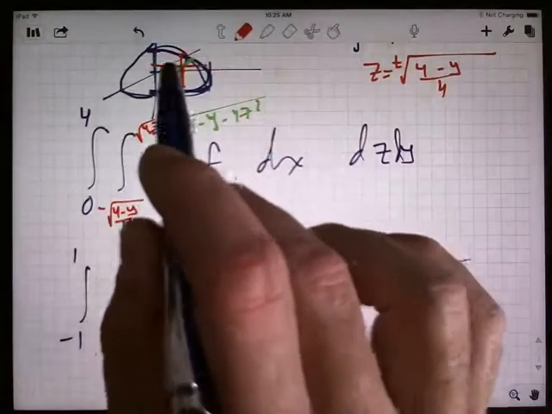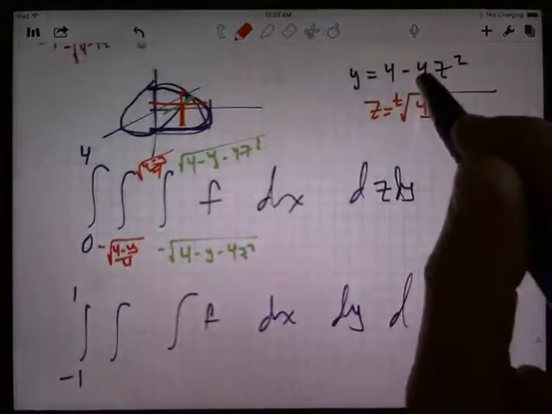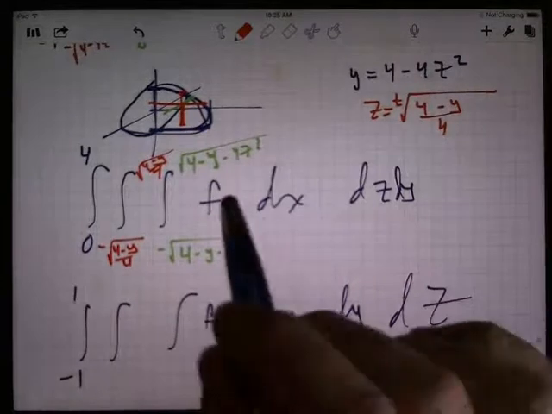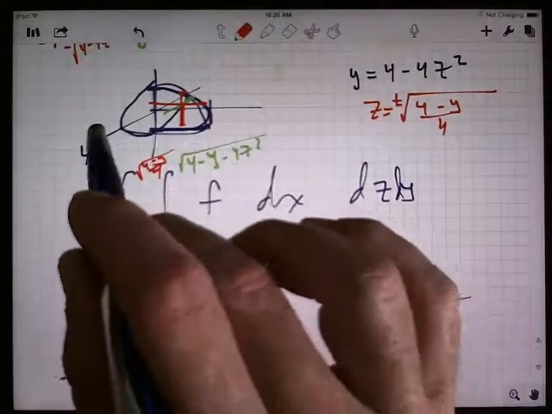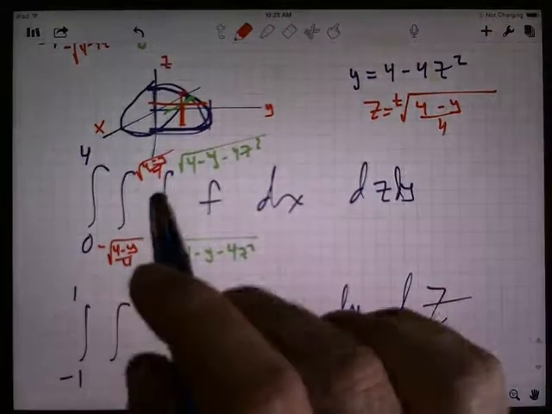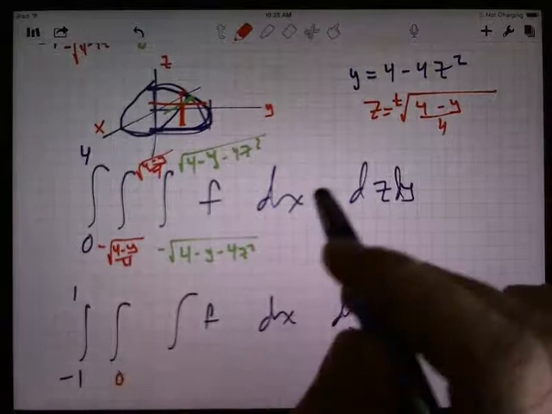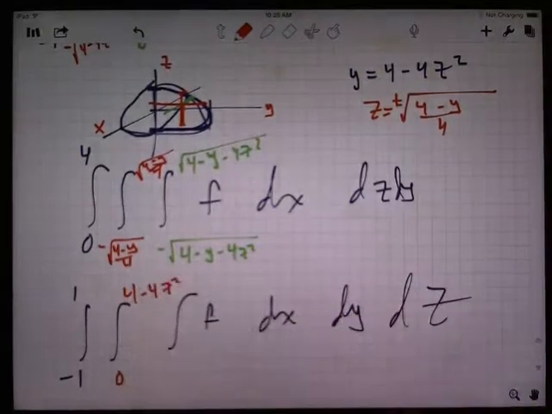For each value of z in between, what does y do? Well, y goes from 0 out to that parabola, right? You're in the yz plane. This is x, this is y, this is z. And so 0 out to this thing, 4 minus 4z squared.